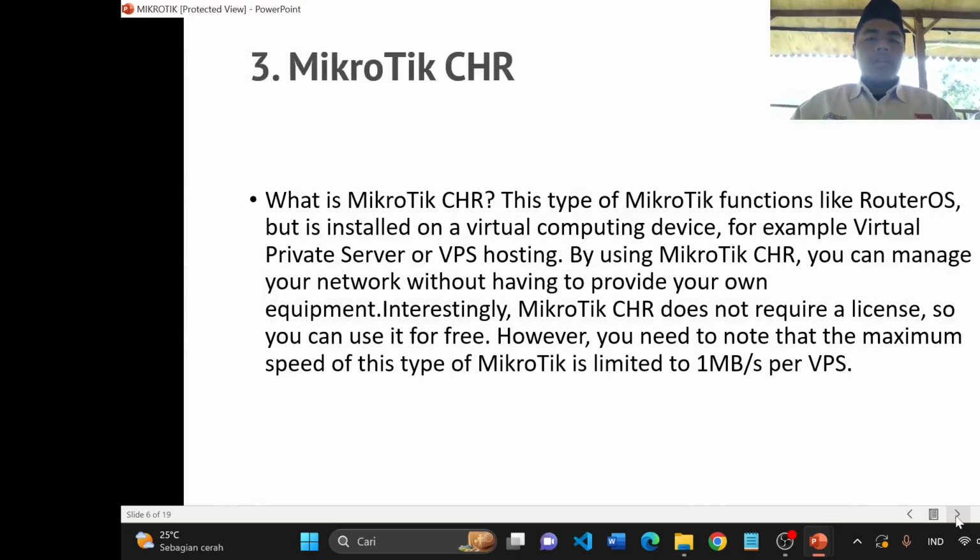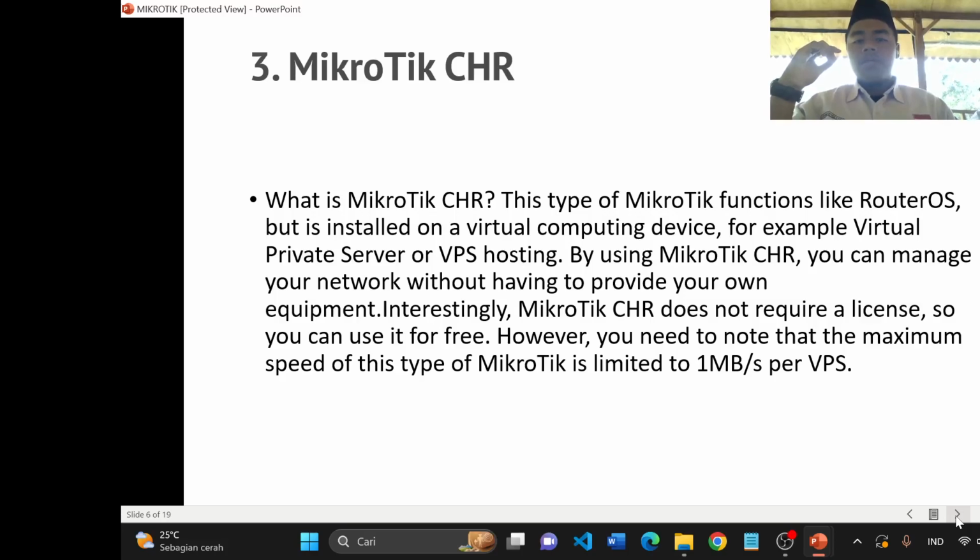3. Mikrotik CHR. What is Mikrotik CHR? This type of Mikrotik functions like RouterOS, but is installed on a virtual computing device, for example, a virtual private server on VPS hosting.